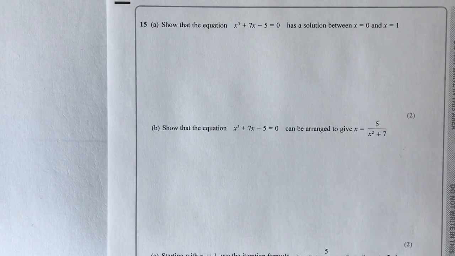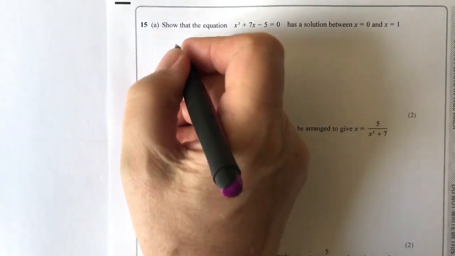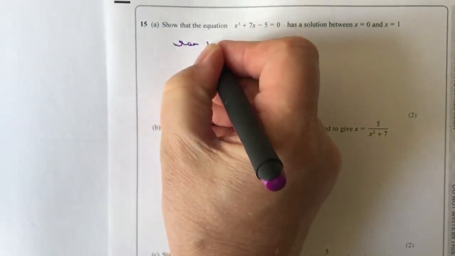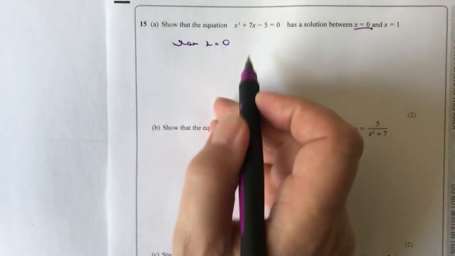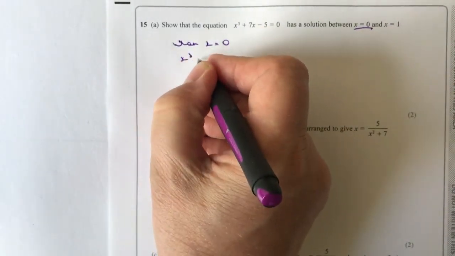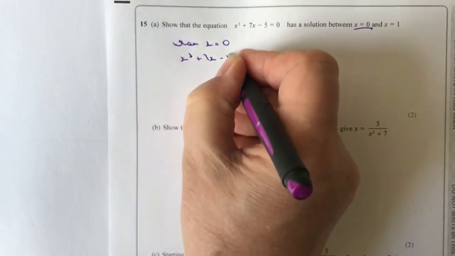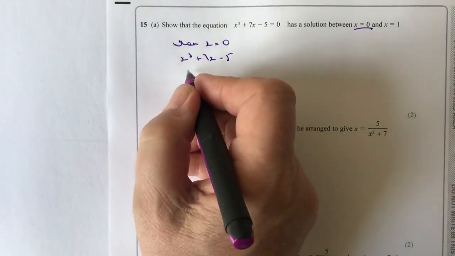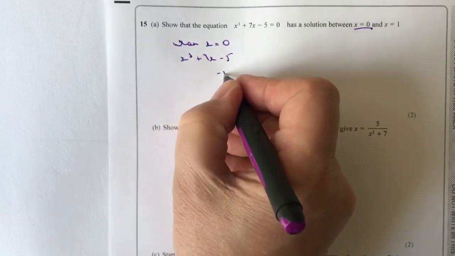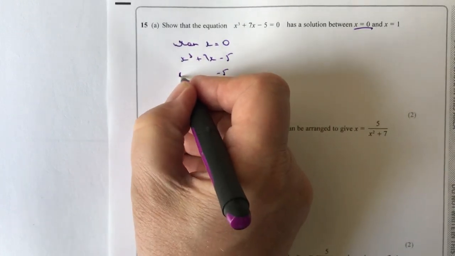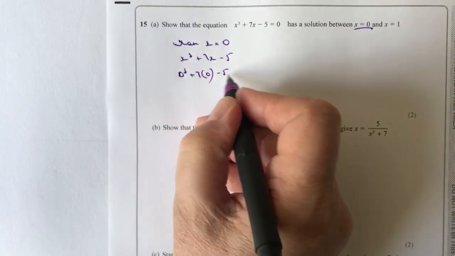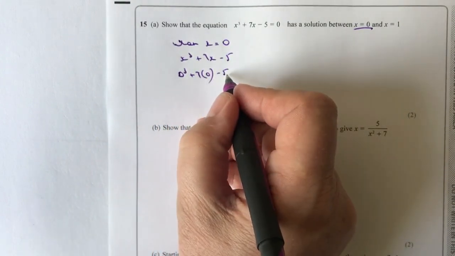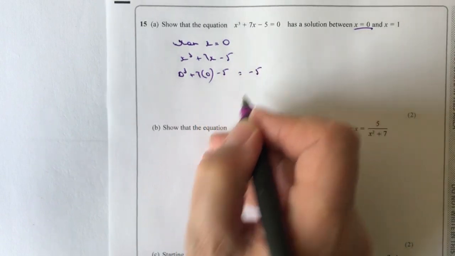I think the way they explain these is not always particularly easy to understand, but what we mean is that when x equals 0, if we plug it into this equation, x cubed plus 7x minus 5, then that's going to equal minus 5, because 0 cubed plus 7 times 0 is still 0, leaving minus 5. So the value is going to be minus 5.